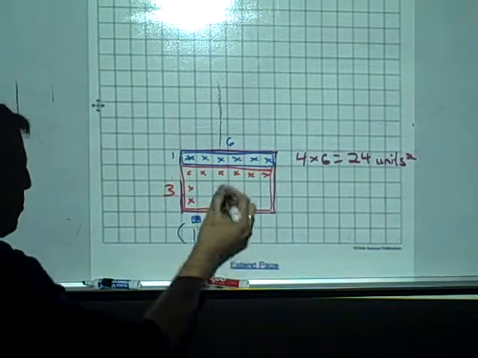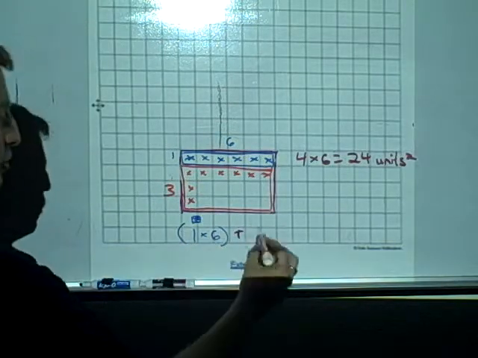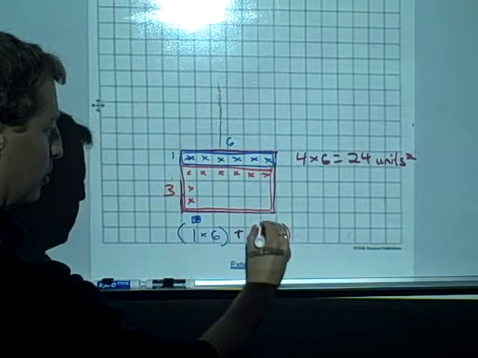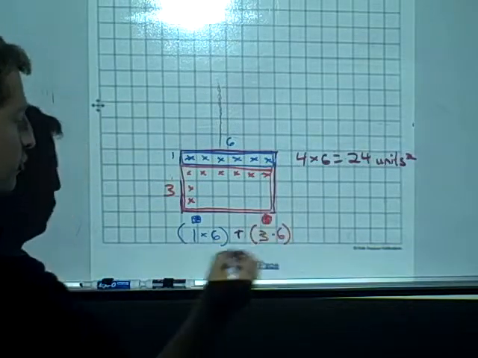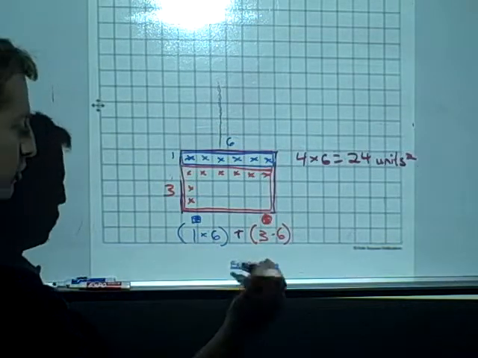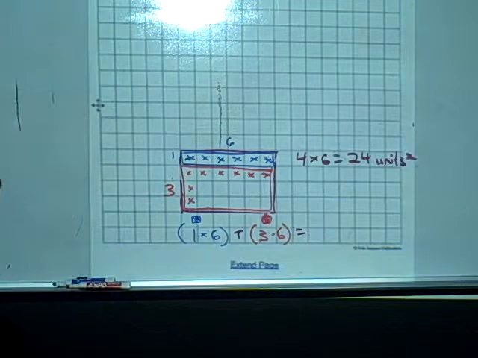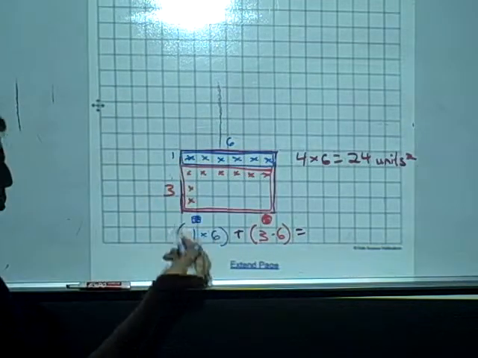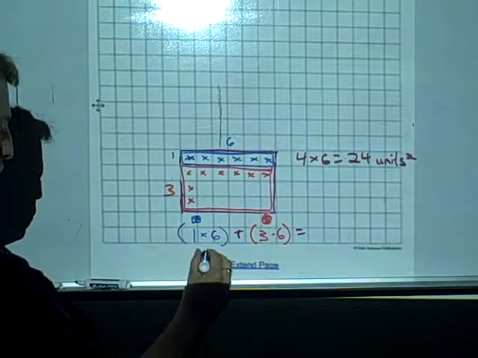So we'll add the 1 by 6 to the 3 by 6, remembering to put them in parentheses because each rectangle is separated now. And 1 times 6 plus 3 times 6, let's see if it adds up to that. What's 1 times 6? The area of the blue rectangle is 6.